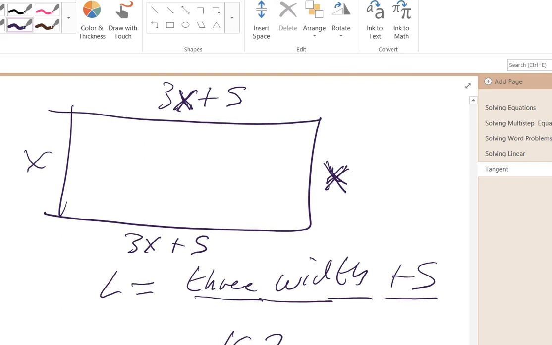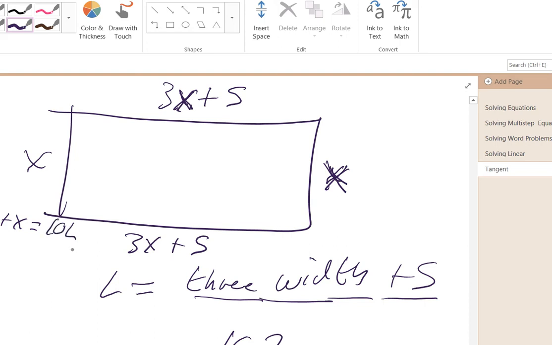So if we add these up, we'd have 3x plus 5, and another 3x plus 5, and an x, and an x, and that's equal to 102. Then you would just solve out that equation.